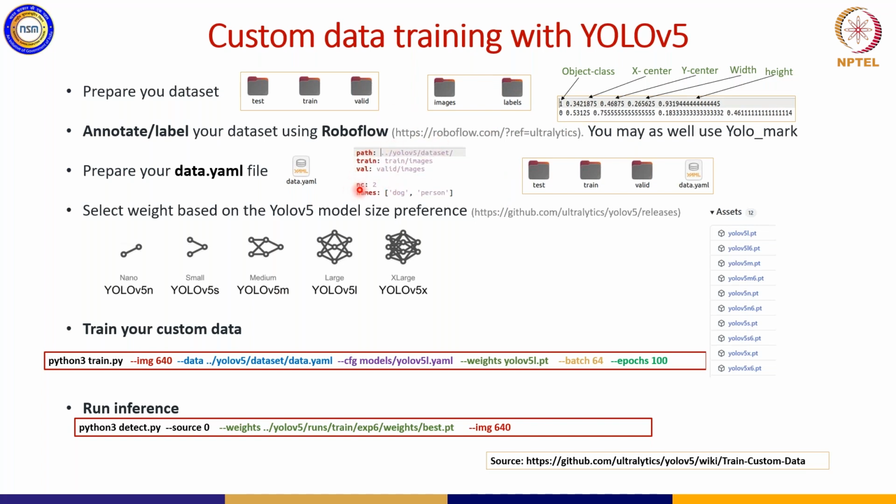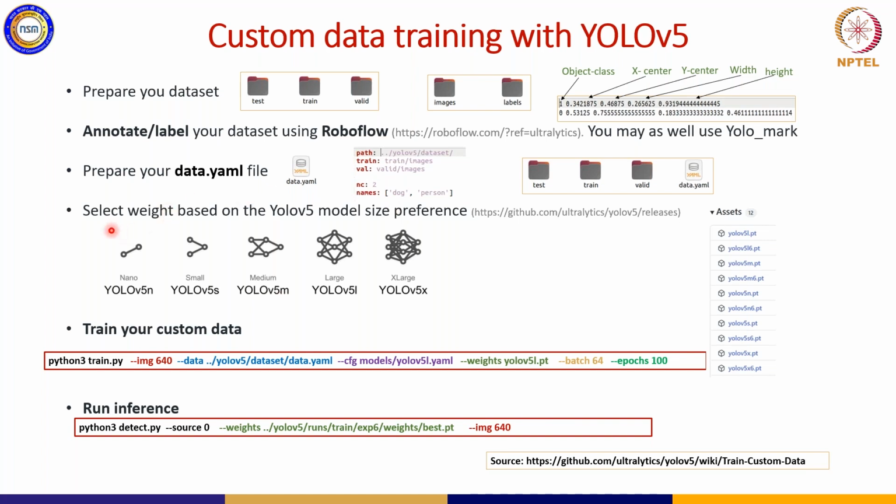The NC here means the number of classes. Let's say we're considering 2 classes, and the names of the classes are just these: dog and person, which is 2 classes. After you have done that, your dataset will look this way. You have test, you have train, you have validation, and you have your data.yaml there.